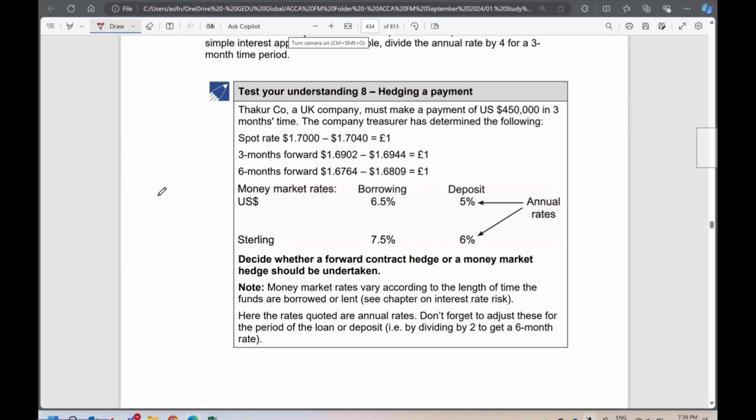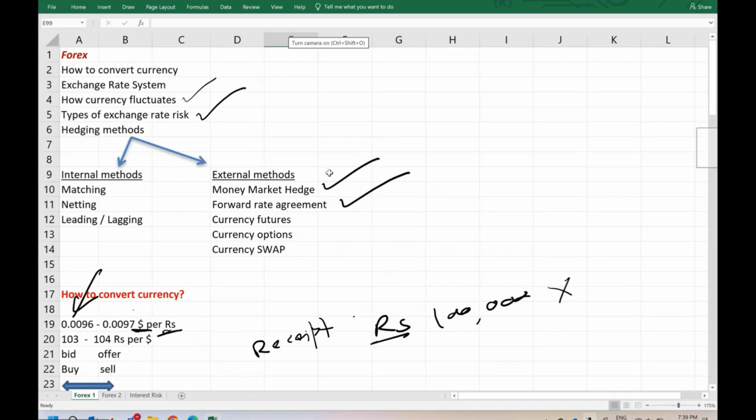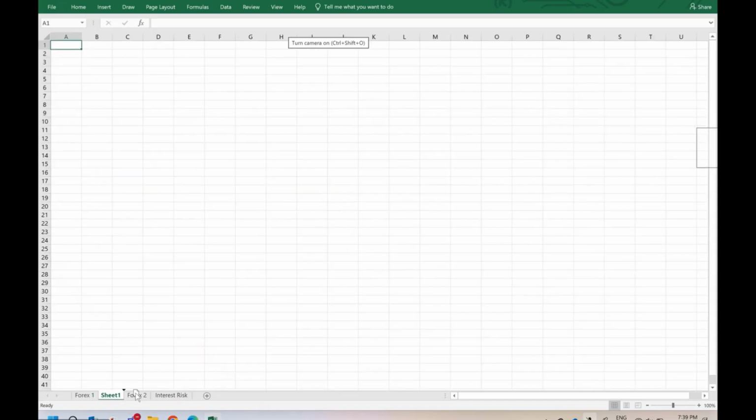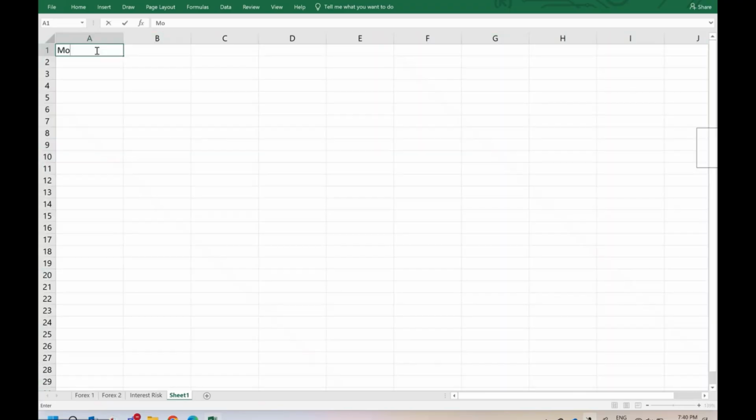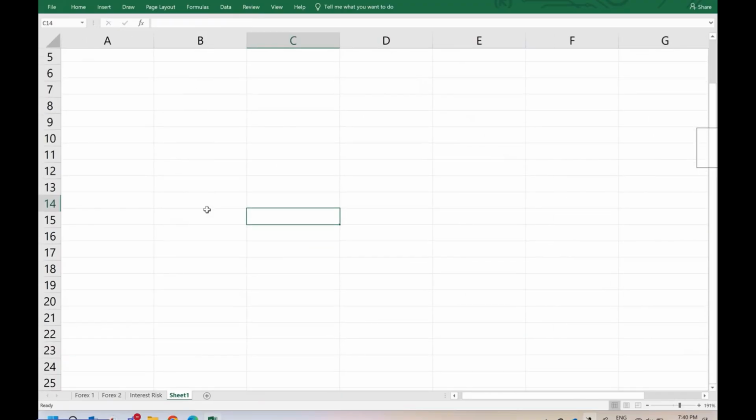Okay, so whenever you're going to make a money market hedge for payments, where do we have to start?